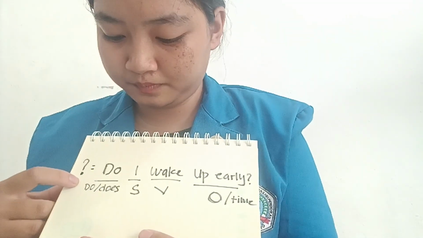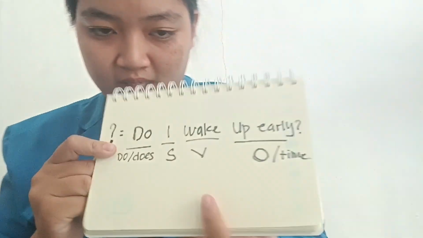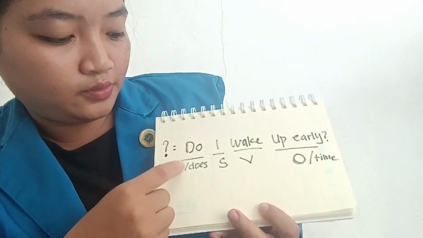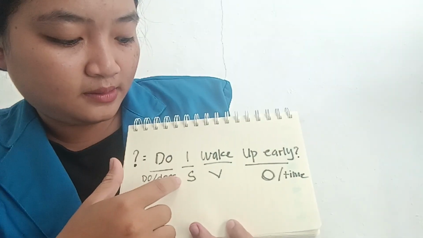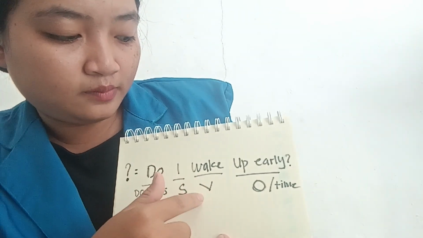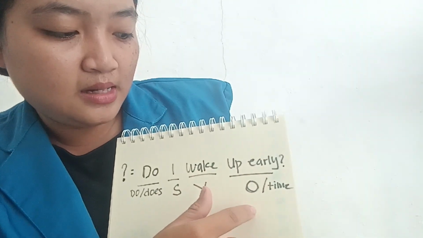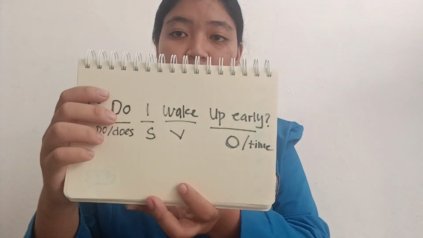For the interrogative, we use do or does first, and I is the subject, wake is the verb, and up early is the object or the time. Okay.